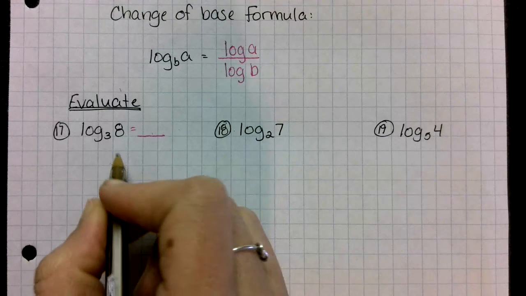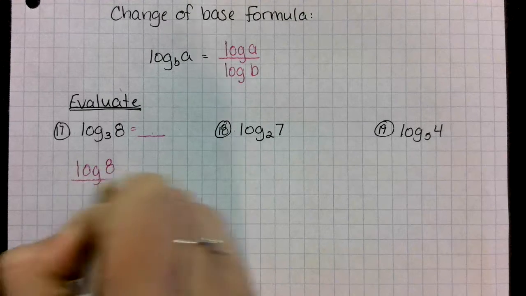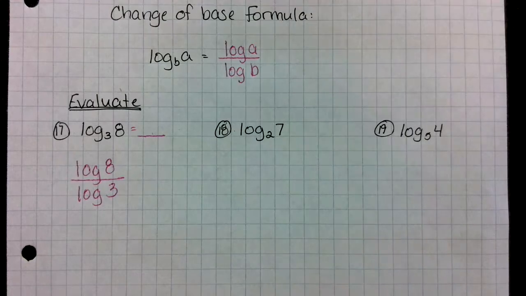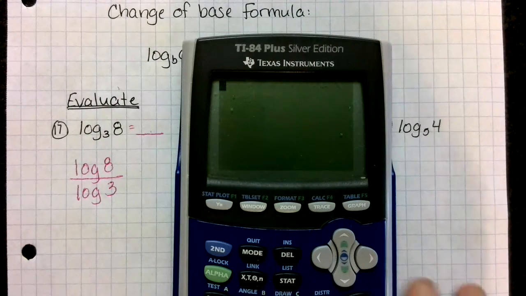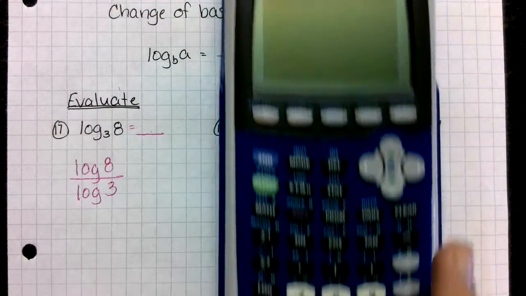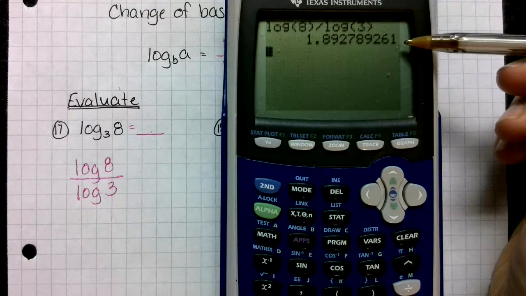So using the change of base formula, I'm going to do log of 8 divided by log of 3, which right off the bat might not seem helpful. However, if you go to your calculator, we all know that we have a log button. So if I type in log of 8 divided by log of 3, I get an answer.